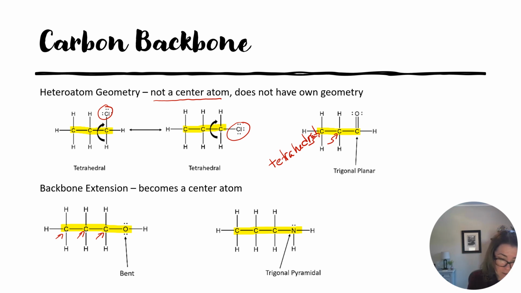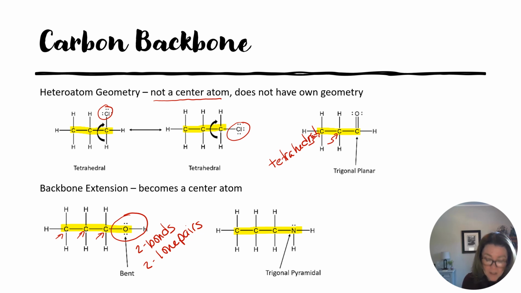Now, my oxygen has 2 bonds, 2 lone pairs, and so that is going to make it a bent shape. So just like the water we looked at, not the last slide, but the slide before that.